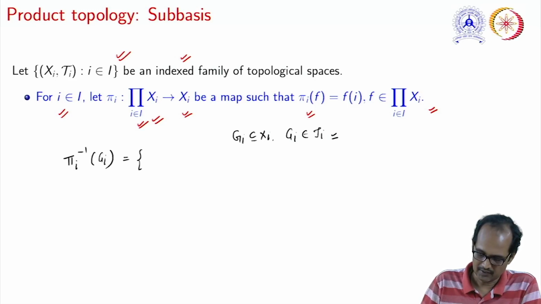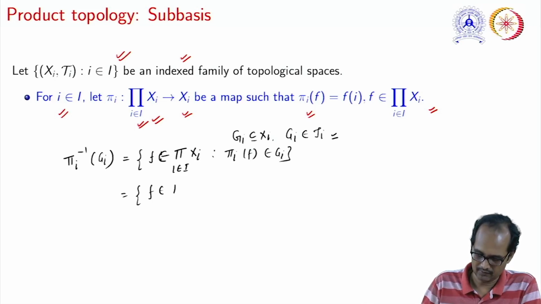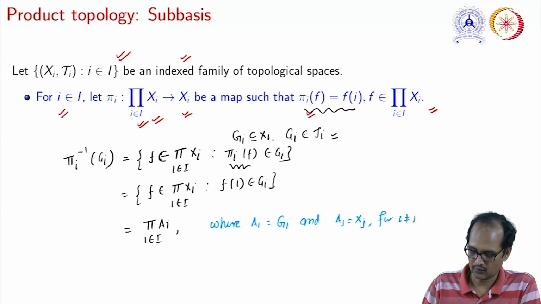By the definition, this will be the collection of all maps f in this product of sets such that pi_i(f) belongs to Gi, or it can be written as the collection of all f from this product such that, by using the definition of this projection map, f(i) belongs to Gi, or it can be written as the product of something like Ai, i belongs to I, where Ai is equal to Gi and Aj equals Xj for i not equal to j.